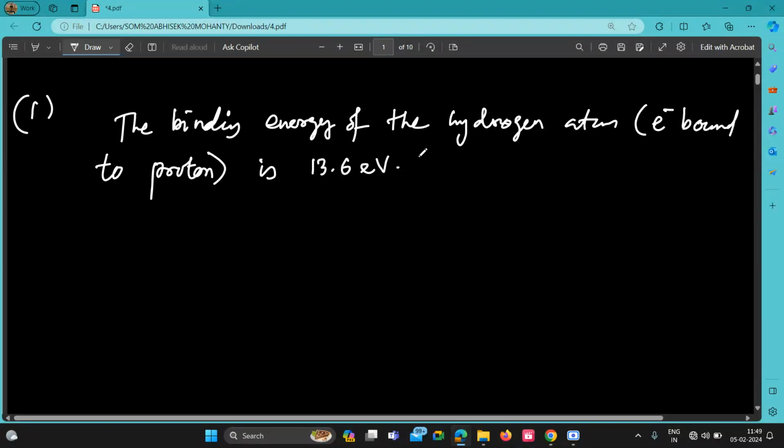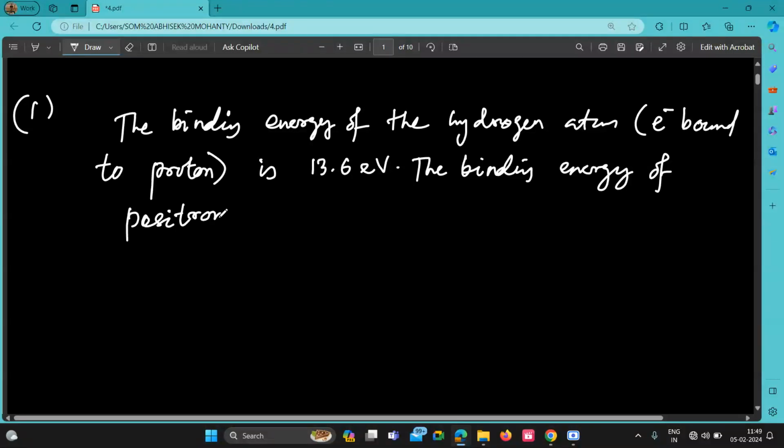The binding energy of positronium will be dash.